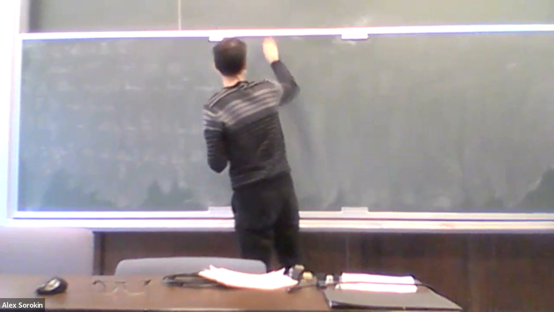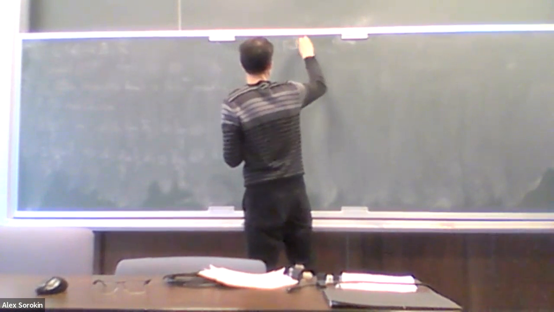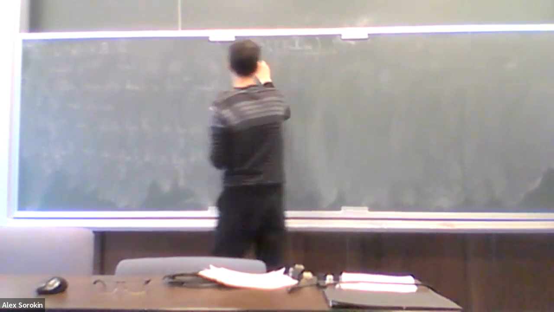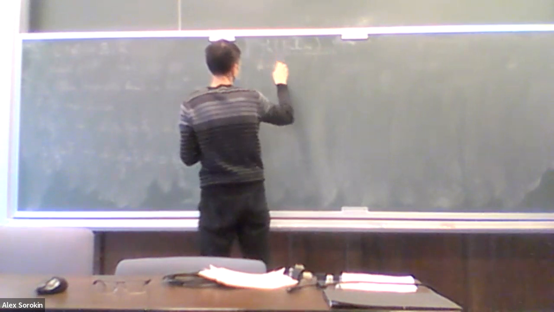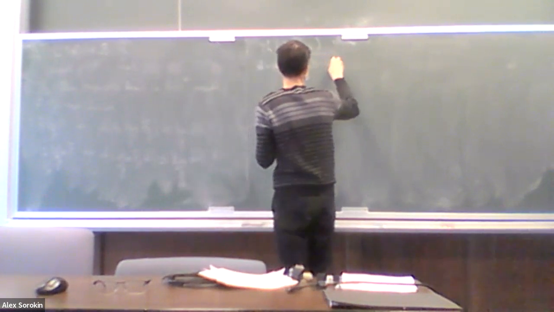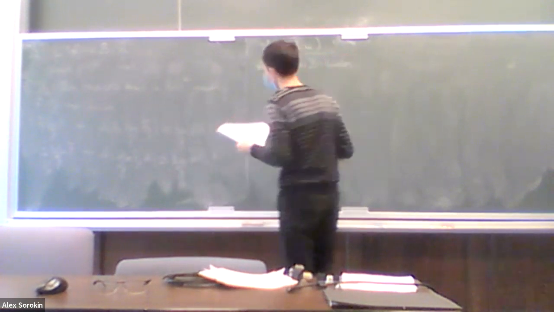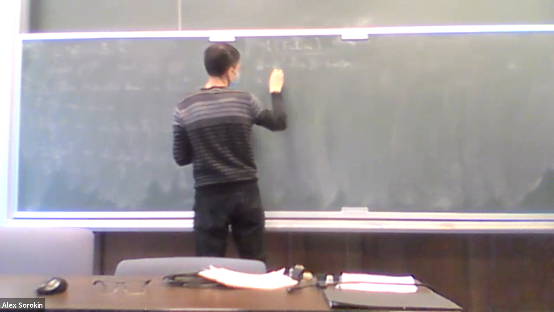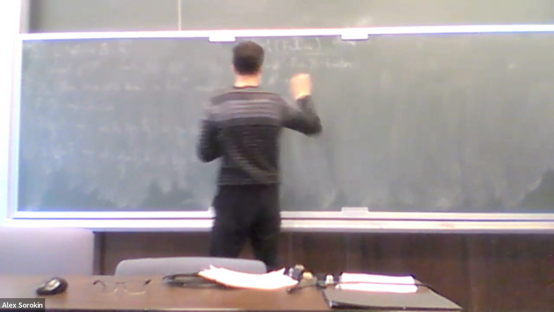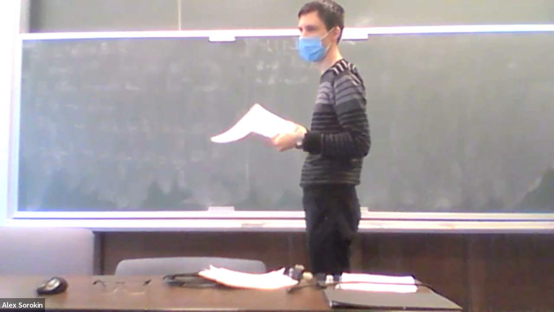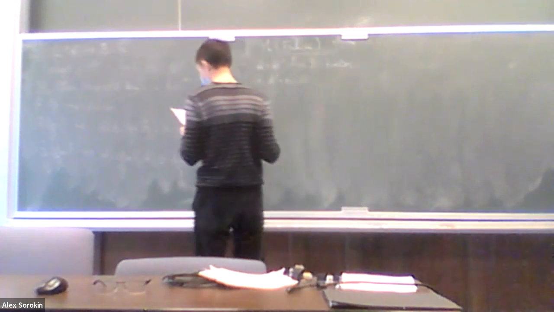So, theorem, Fubini. So suppose F from A cross A prime to B is a functor, and A prime and A are small. So you have a diagram, a double index diagram, where all the vertices have two indices.